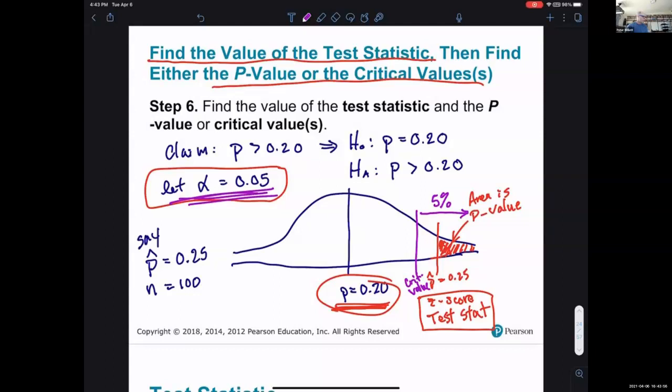So the critical value is the score that the test statistic would need to surpass in order to reject the null. And it's based entirely on the significance level. So this leads to a critical value.